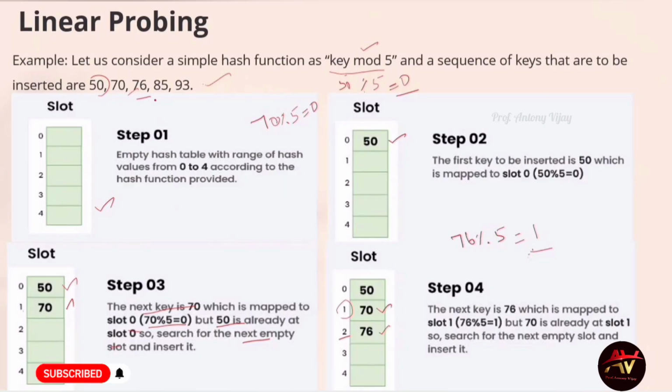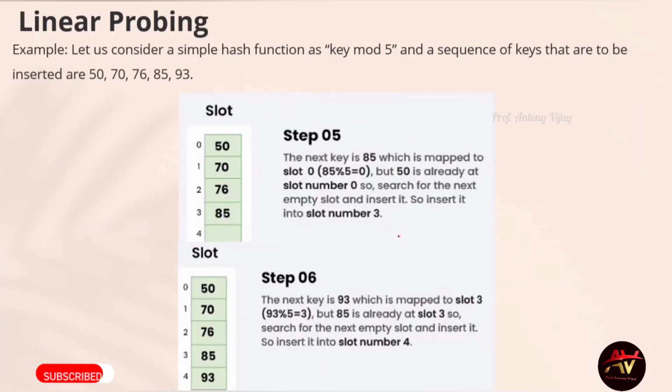Next, I am taking the fourth element, 85. 85 modulo 5 is also 0. But 0 is filled with 50, 1 with 70, and 2 with 76, so no empty slot is available there. We linearly access the slots and finally find that index 3 is available, so we place 85 at index 3.